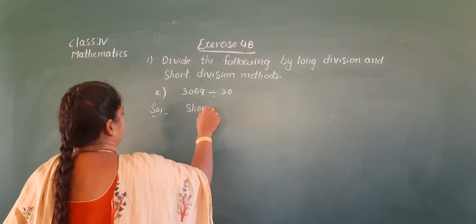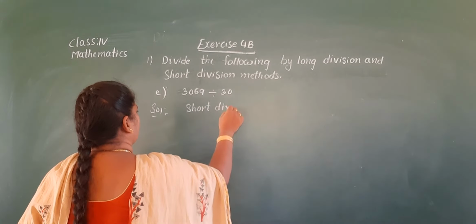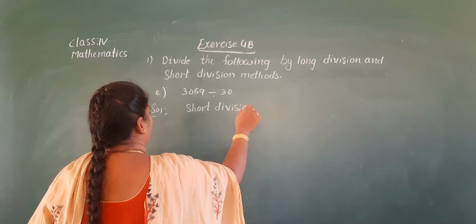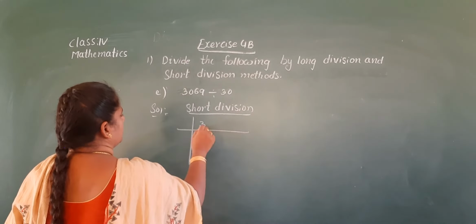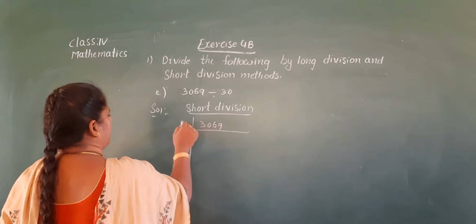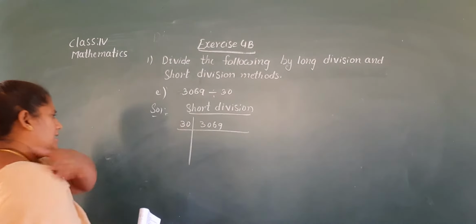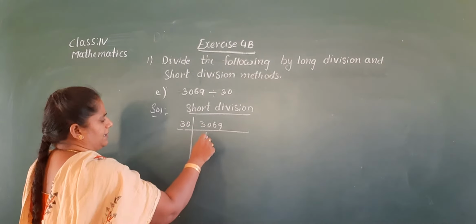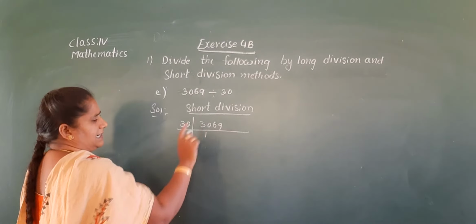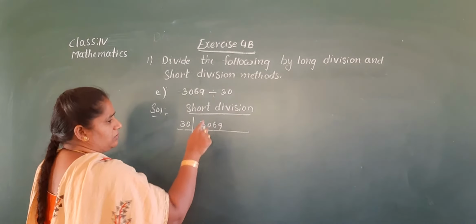Short division. Write the dividend here, divide by 30. See here children, 30 ones are 30. Here 30, here 30. So one time if you take, 30 ones are 30, finish. Next you take down 6.